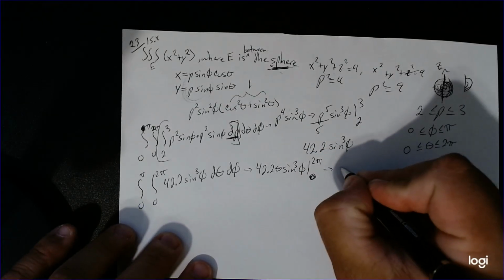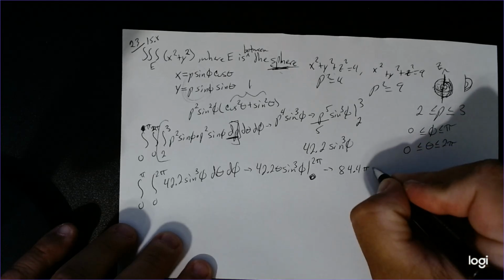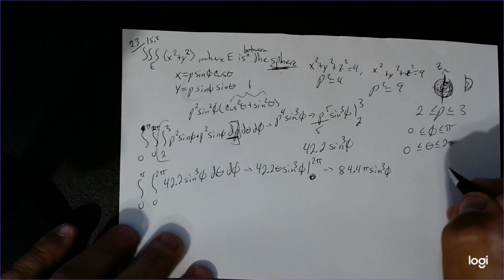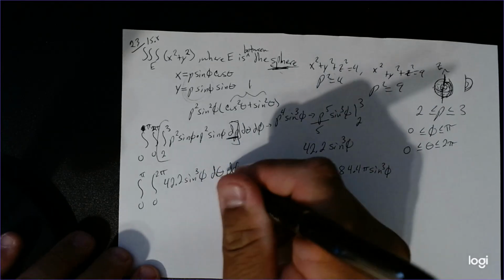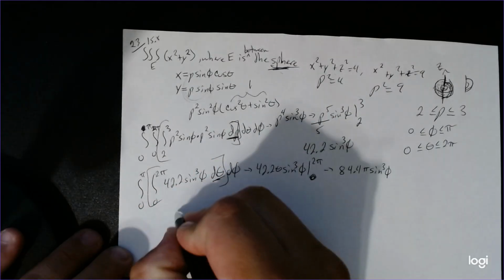So 84.4 pi sine cubed phi. Okay, so now again, I only care about that. So now it's going to be the painful one.